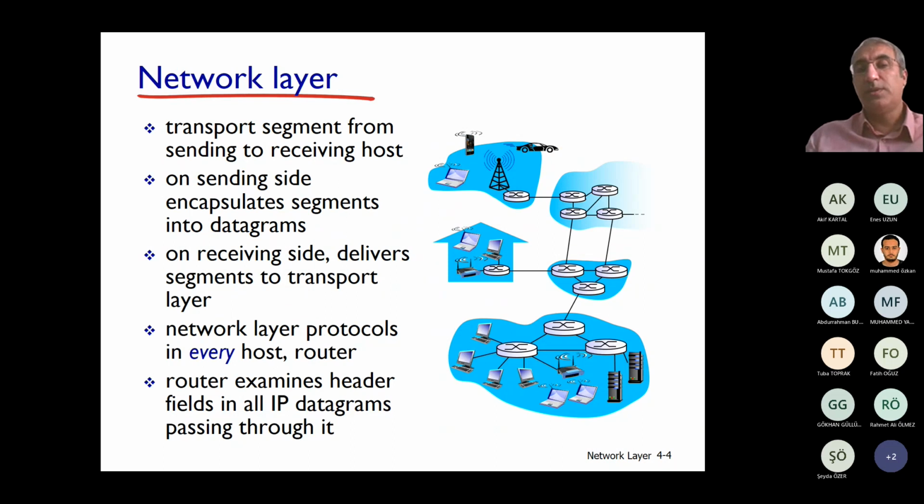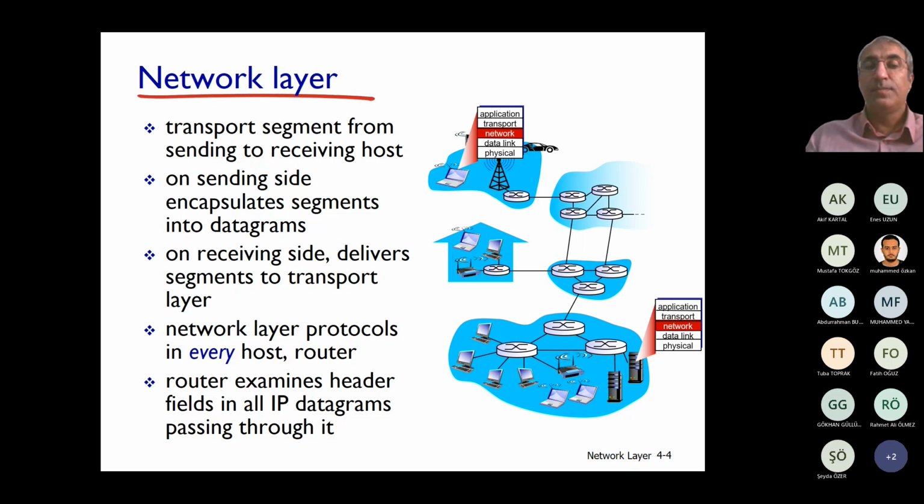Okay, so let's start with the introduction. As you remember, at the application layer, we generate the messages and we split these messages into segments at the transport layer. Now, the main function of the network layer is to transport segments from sending to receiving host.